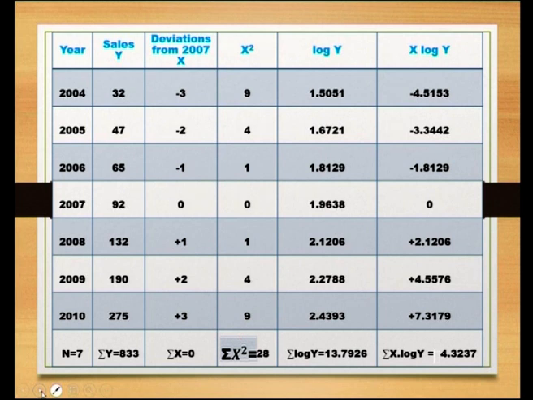So, the solution goes like this. First of all, take the year; the number of values given is 7 and sales values are represented as y, 32 to 275, and summation y is 833. Deviations are taken from the middle year 2007, that is, 2007 is kept as origin. 2004 minus 2007 is minus 3, minus 2, minus 1, 0, 1, 2, 3.